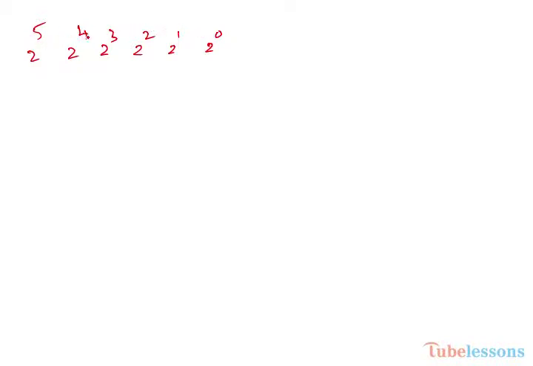If we divide the place value by 2, we get the place value of the immediate right one. So if we continue this pattern, after the point the place values will be like this: 2 to the power minus 1, 2 to the power minus 2, 2 to the power minus 3, 2 to the power minus 4, like this.